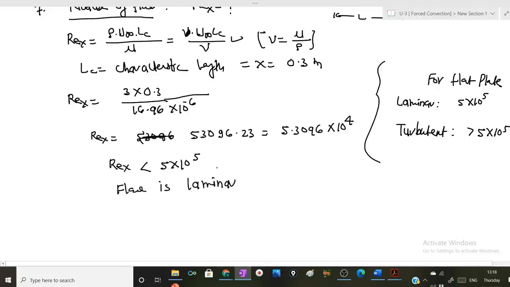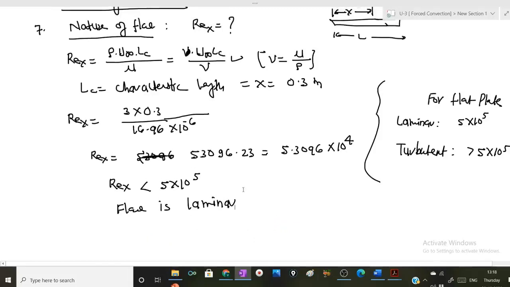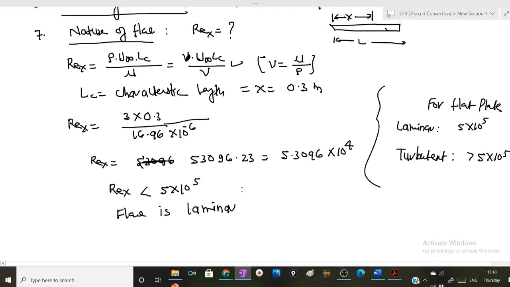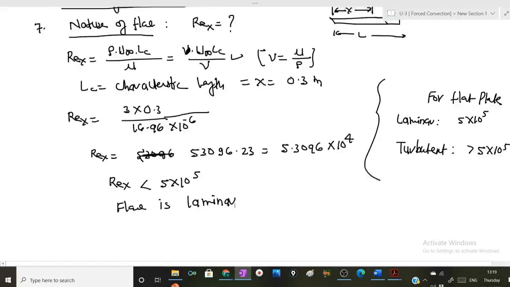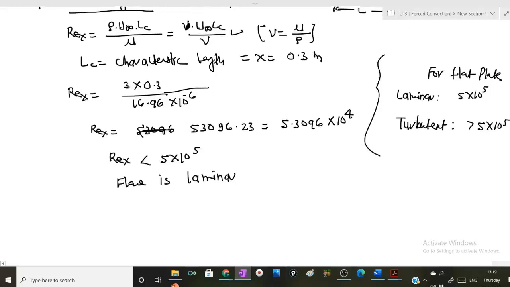So see, we have decided so many things up to step number 7. It is an external flow, constant wall temperature boundary condition and laminar flow. So now let us do the calculations one by one. These are the general steps I have followed so far.